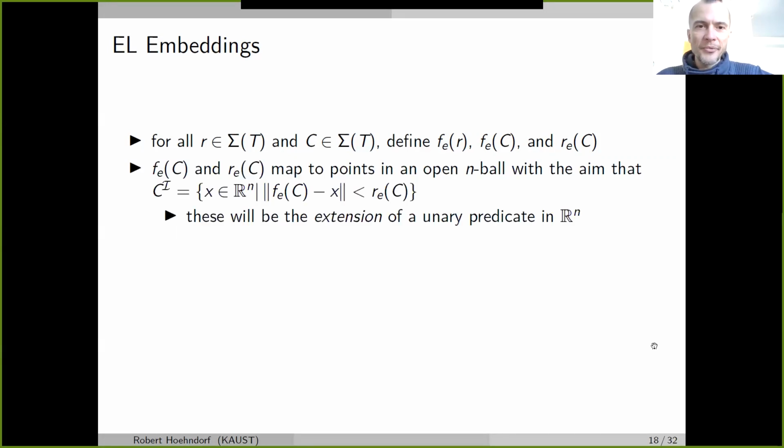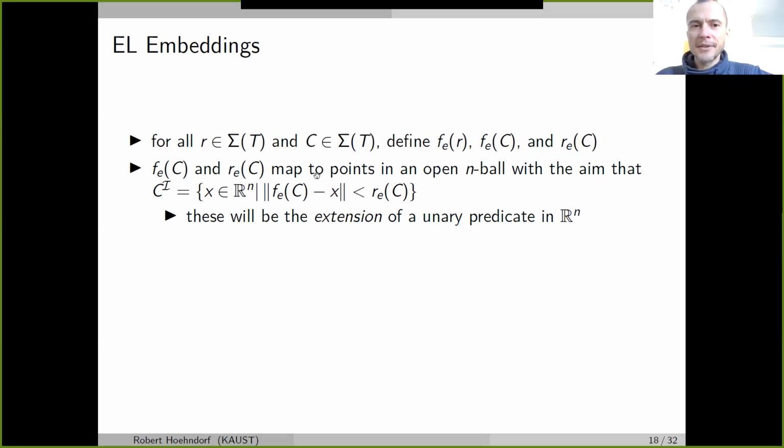We define them such that Fe and Re applied to a concept map to an n-ball, an n-dimensional ball, with the aim that the interpretation of this concept is exactly all the points which lie within this n-ball.